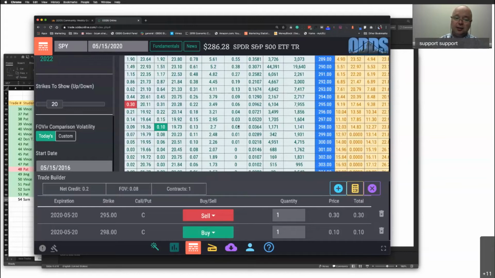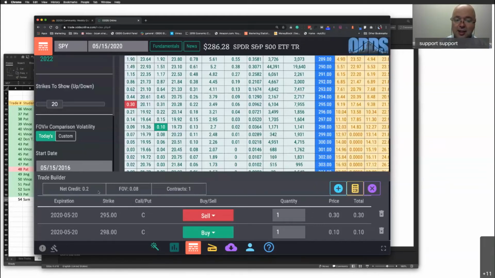And so the stress test is, in the worst case scenario, if I'm doing any kind of credit spread, if I'm selling options, I don't want that price to go higher. I want it to go lower. So to stress test it, I'm finding out what the high price is so that I get an idea of what to expect, and figuring out if I'm in the right price range.